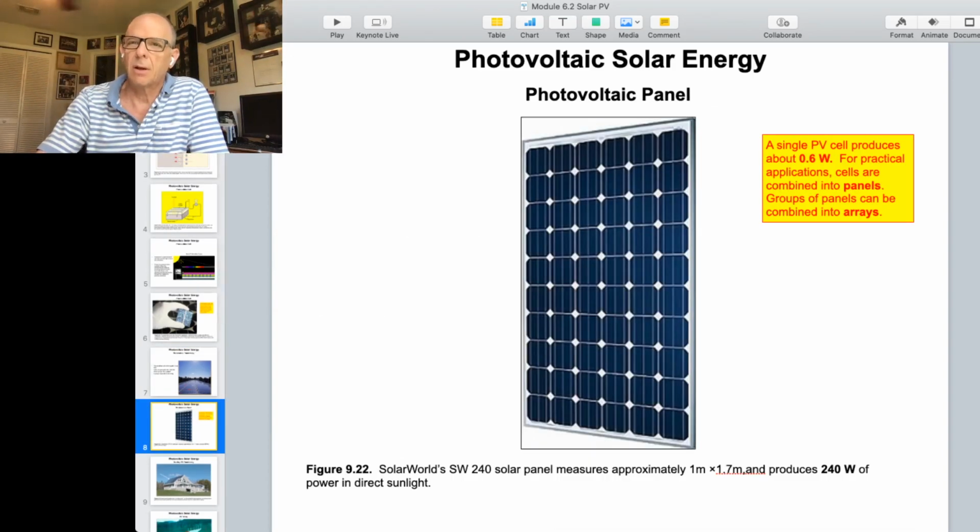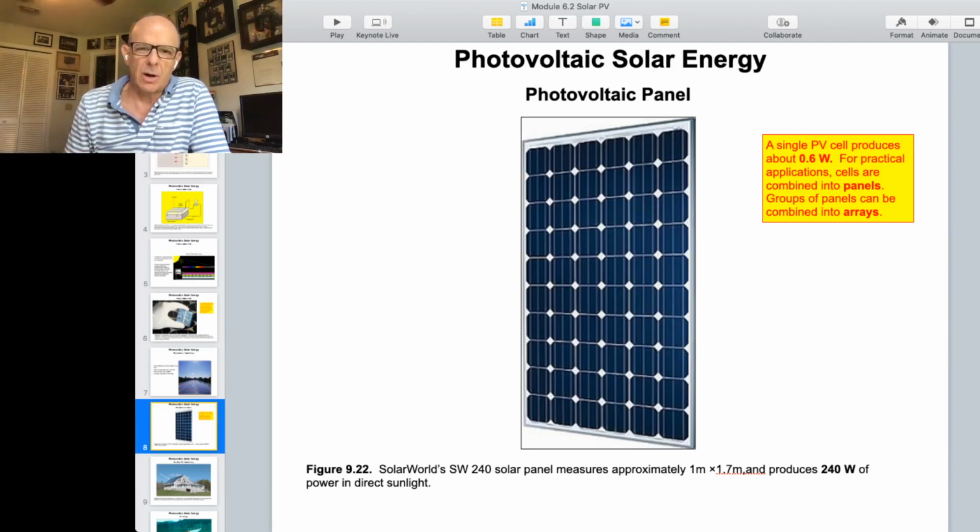So here's what another panel looks like. This one produces 240 watts of power is what its rating is for noon. There's a particular standard for what angle the sun is coming at to determine a solar panel's rating.